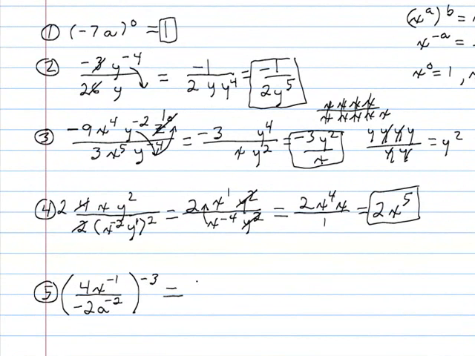If you ignore the big parentheses, don't make any changes there at all. Just leave it alone. We can work to simplify the inside, but we have to be cautious. 4 over negative 2, that's simply negative 2. Do we want to get rid of these negative exponents as part of our simplifying? Well, not really.